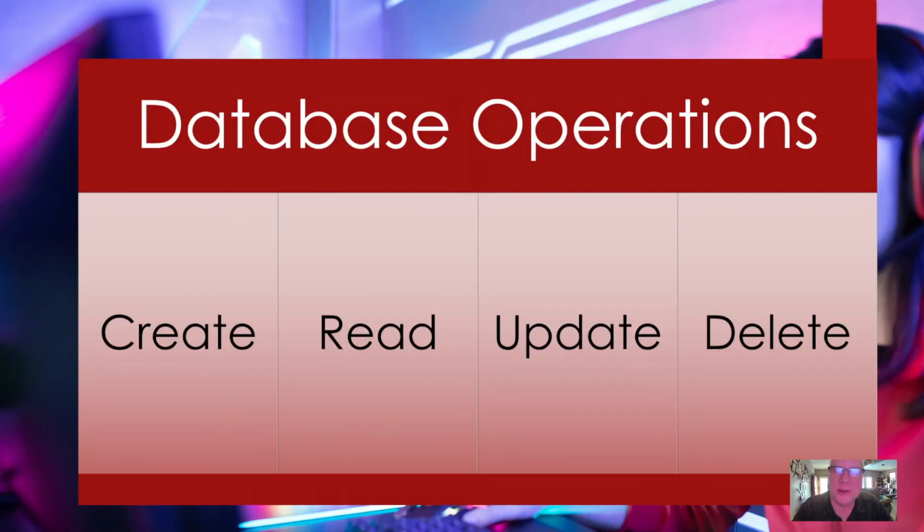Database operations. And we're talking about CRUD, right? And so in our database, we really need to do these 4 things for certain. We can do lots of other things, and we can do some data manipulation, but we need to do these 4 things. Number 1, we've got to create, we've got to read, we've got to update, and we've got to delete. And once again, as I said, we call this CRUD.